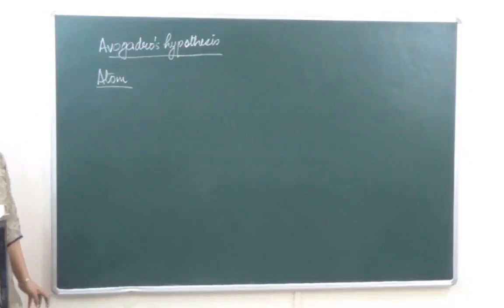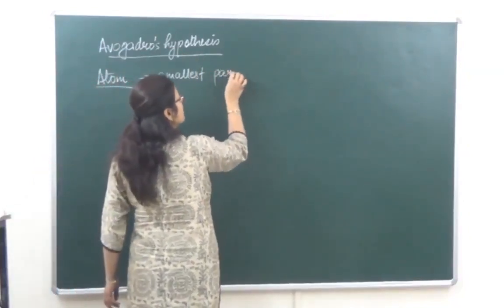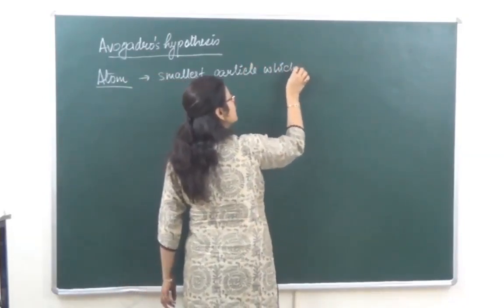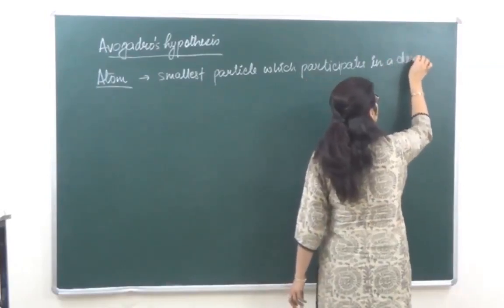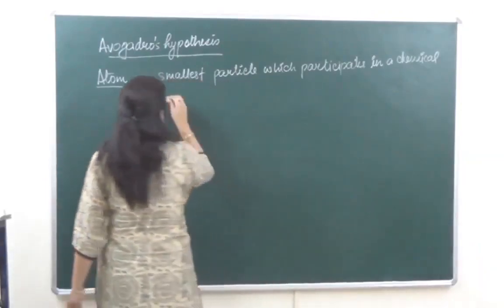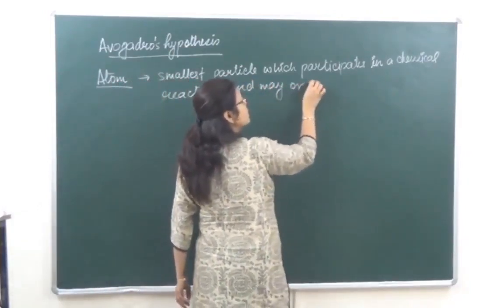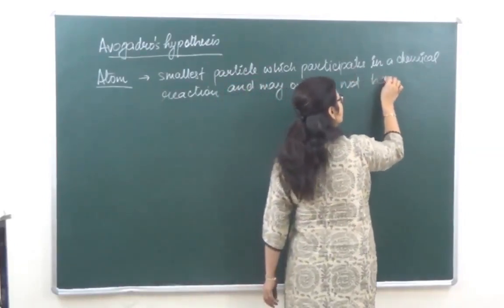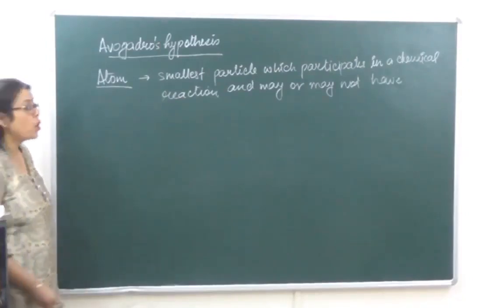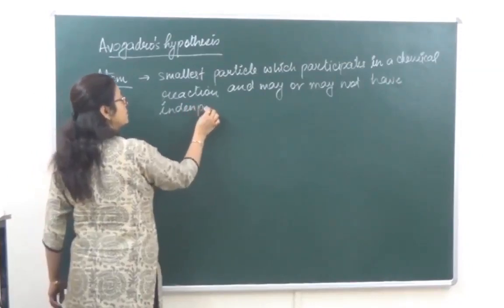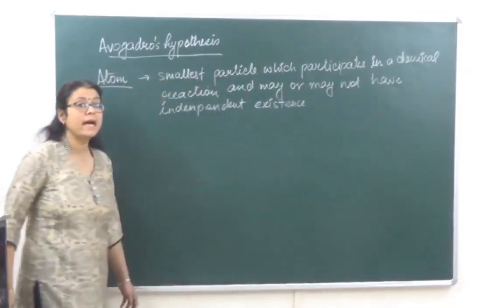The first one is atom, right? So he says that atom is the smallest particle which participates in a chemical reaction and it may or may not have independent existence.